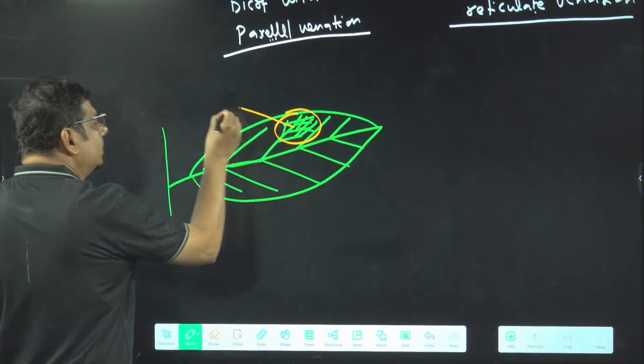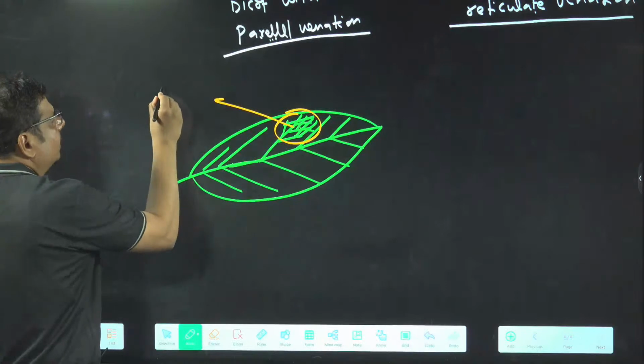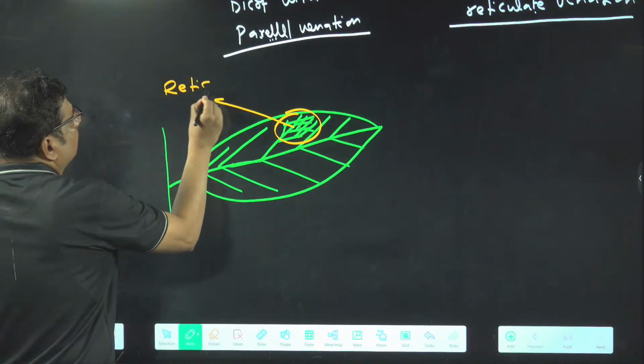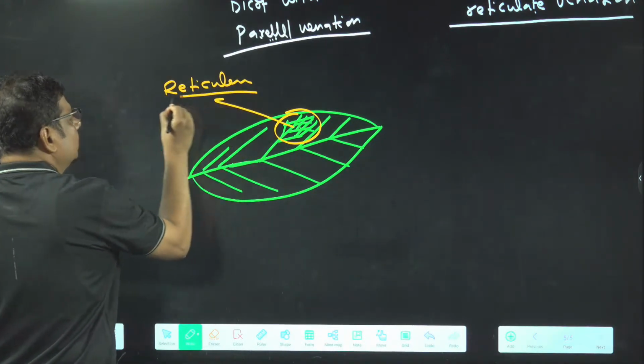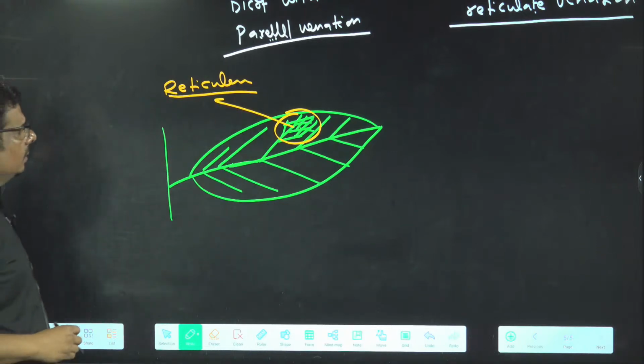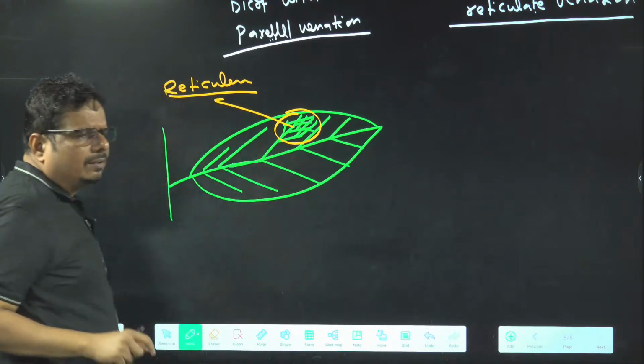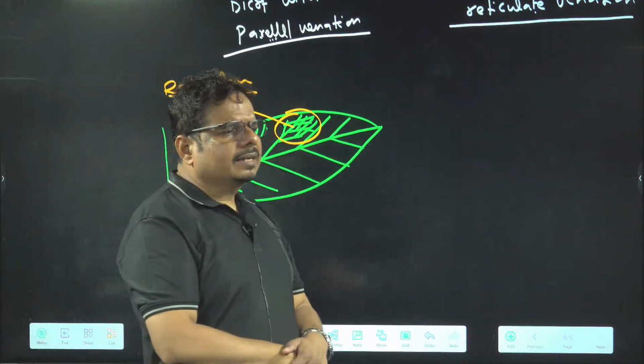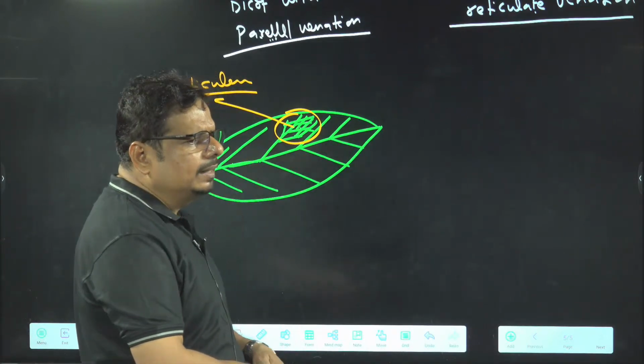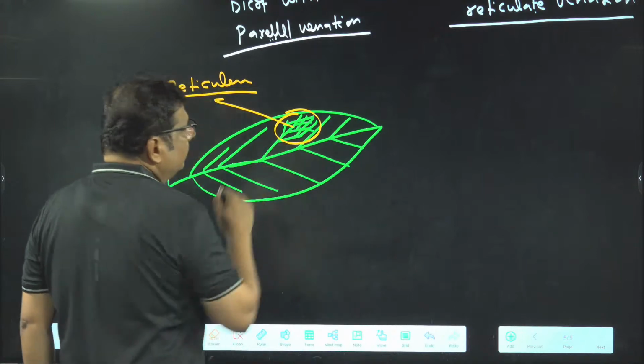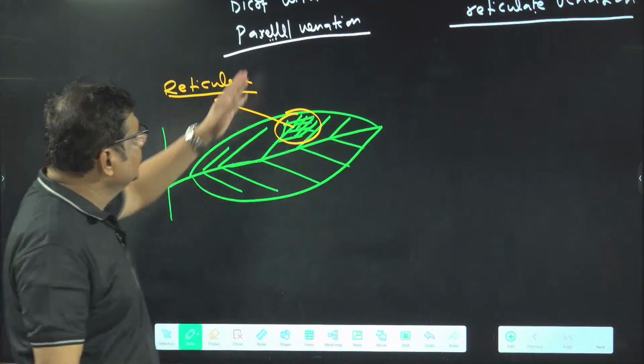Everywhere you find reticulum. Able to understand? So when veinlets are forming a reticulum, such kind of venation you will find in most of the dicots, reticulate venation.